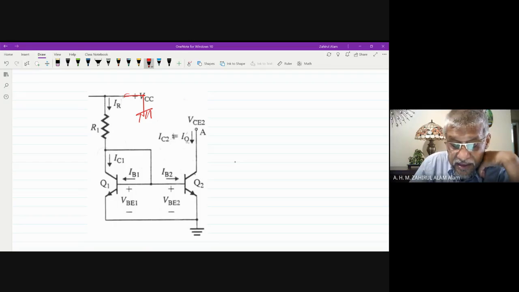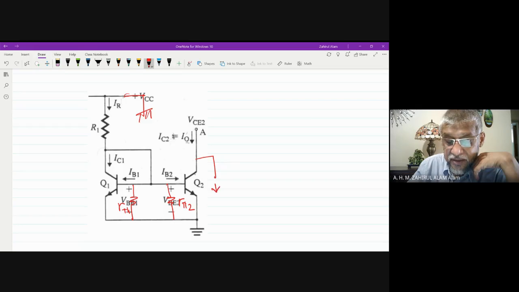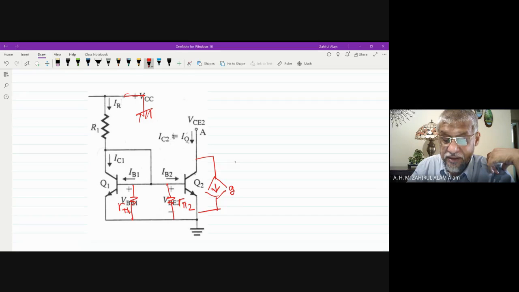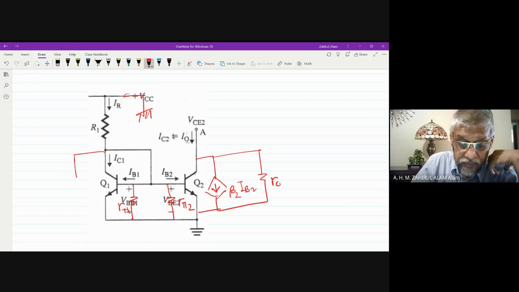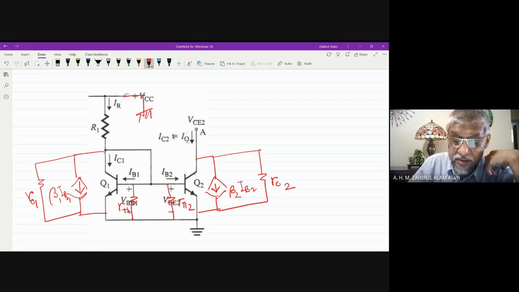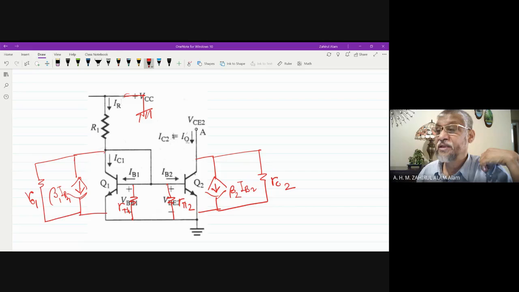Then base to emitter, there is r pi 1 and r pi 2, and collector to emitter we have the dependent source, or I can write it in terms of beta 2 IB2, and also output resistance r0, and the same for beta 1 IB1, with r01 and r02. So this is our equivalent circuit diagram.